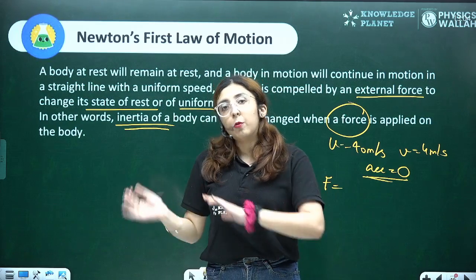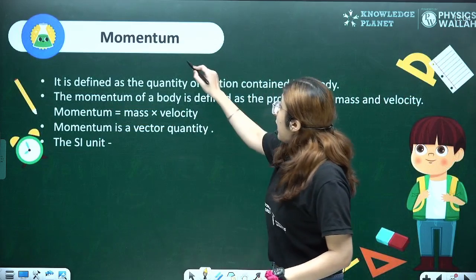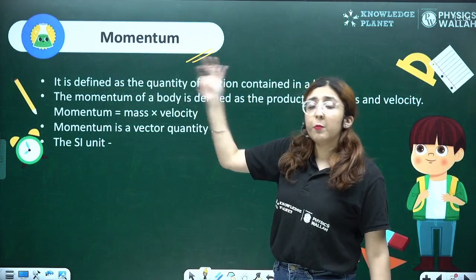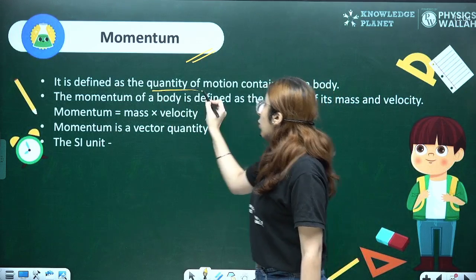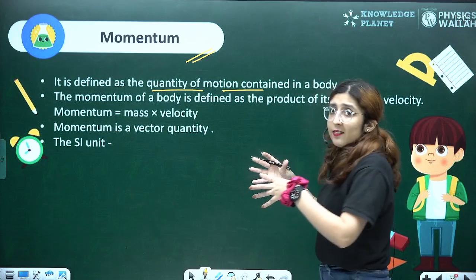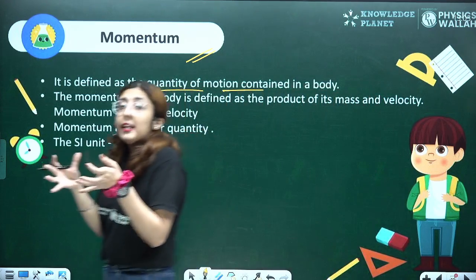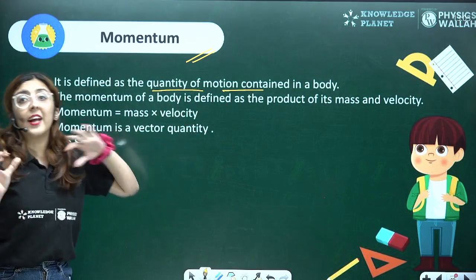Now moving ahead, we are going to talk about something called momentum. When you talk about momentum, you have to be sure that it is defined as the quantity of motion. As a body is there, and you want to talk about the quantity, quantity of motion contained in a body.